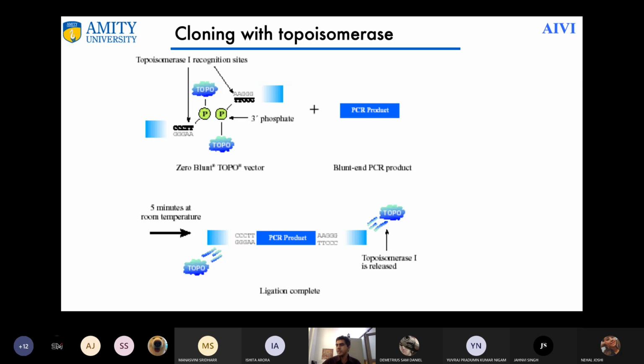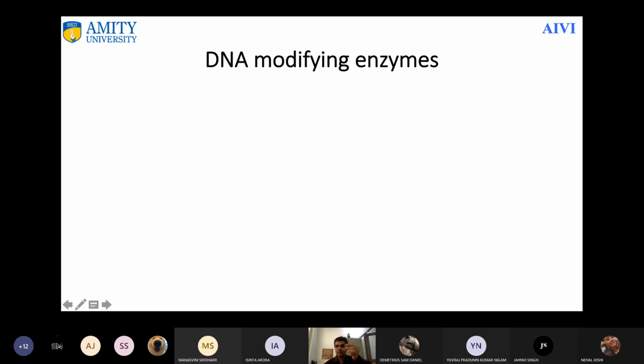A vector that we have talked about in your laboratory is circular, and when we open it, it becomes linear.